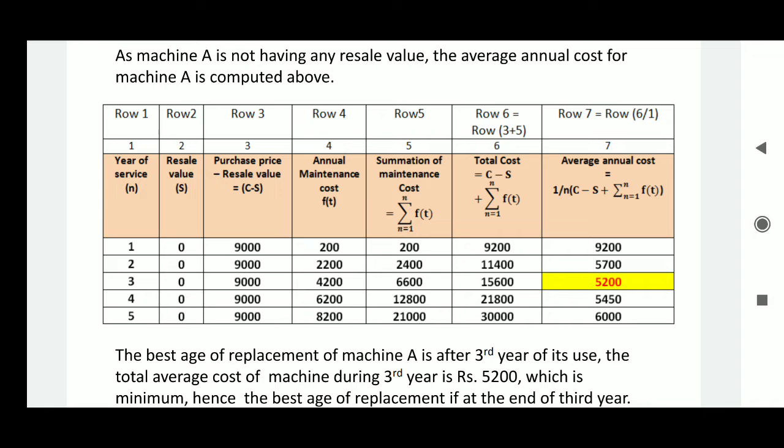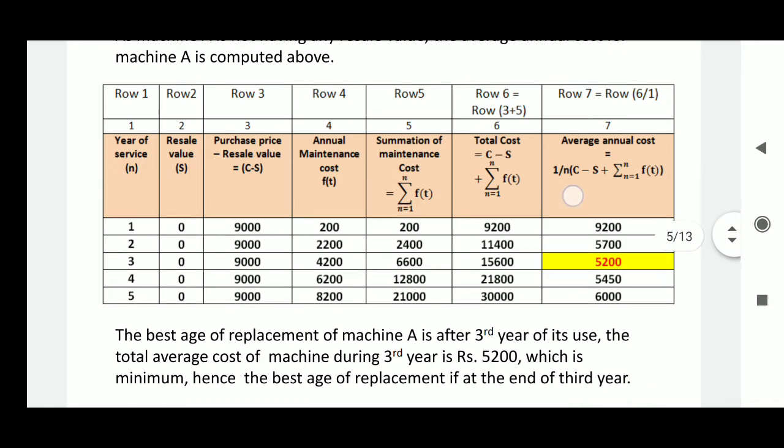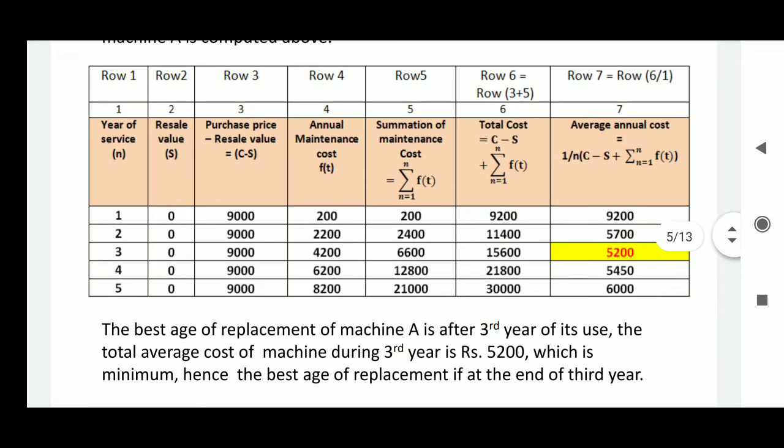Then observe that column 6 indicates the total cost, and column 7 indicates the average annual cost. Suppose, we have calculated that the annual maintenance cost for the first year is rupees 200, and then the annual maintenance cost gradually increases by rupees 2000.